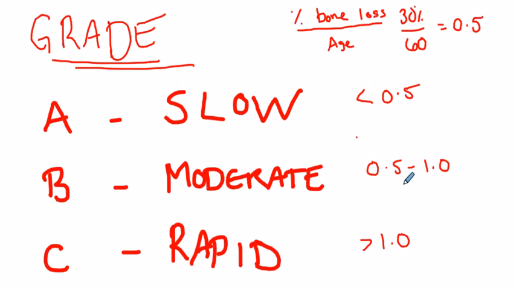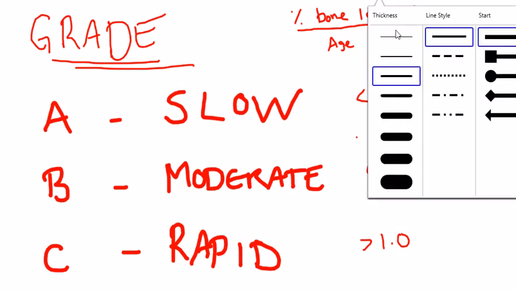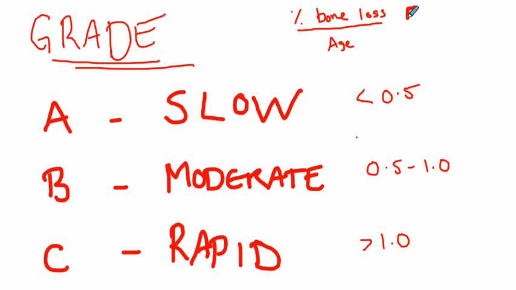Okay, let's use another example, using the same principle. So this time we're going to have a smaller pen to start with. We're going to have 50% bone loss in a 40-year-old.